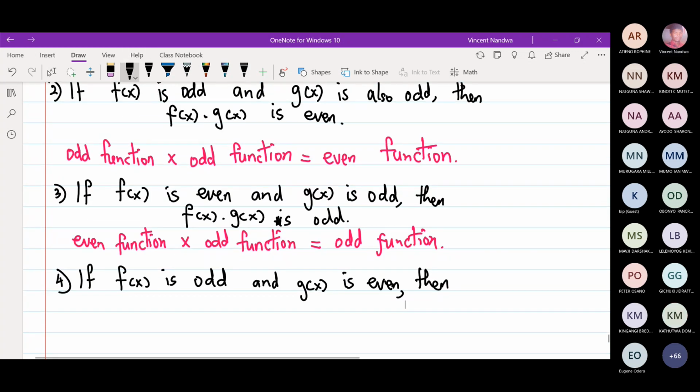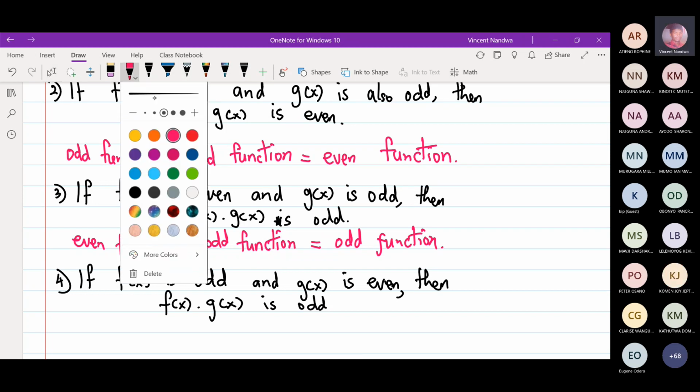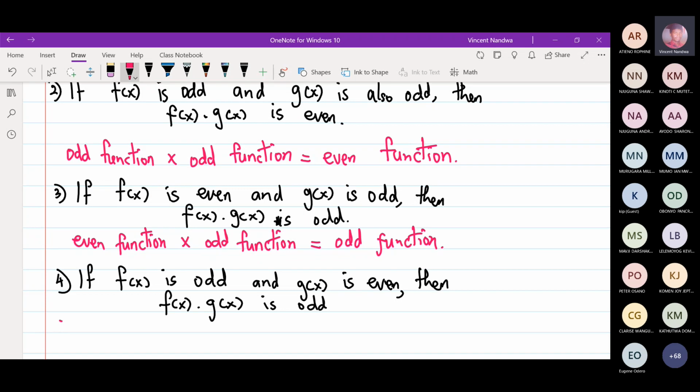So f of x times g of x will be odd. So an odd function times an even function always produces an odd function.